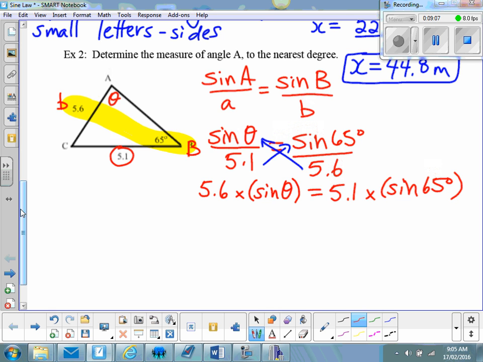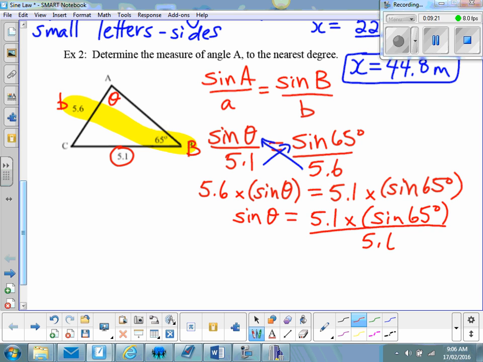And then I want to get sine theta by itself. That's what I'm trying to solve for. So sine theta equals, and when I move the 5.6 to the other side, I will be dividing by that.